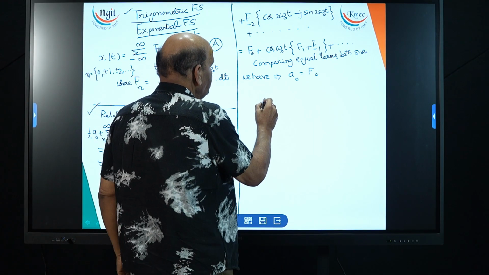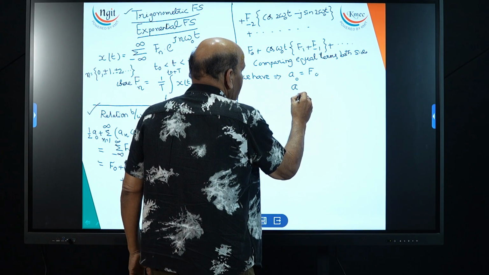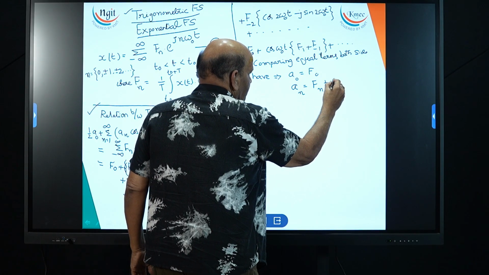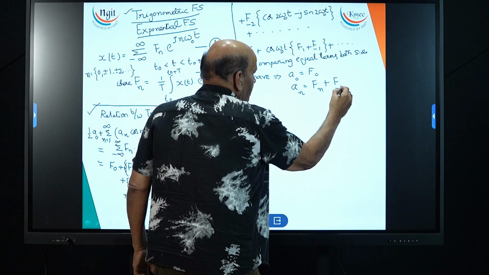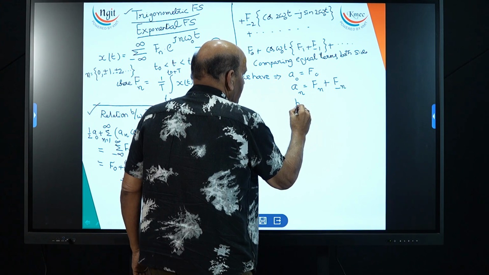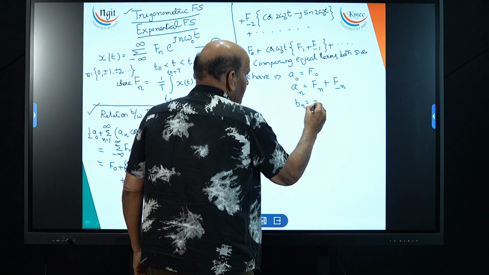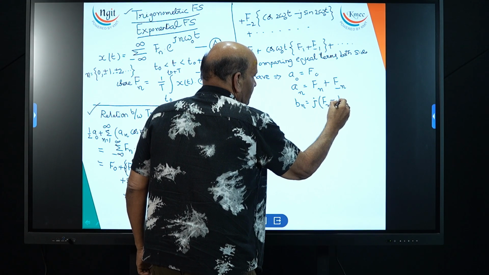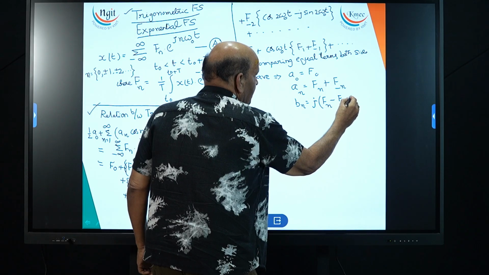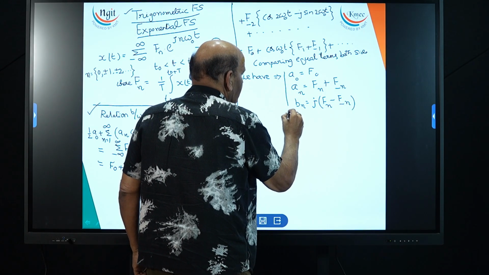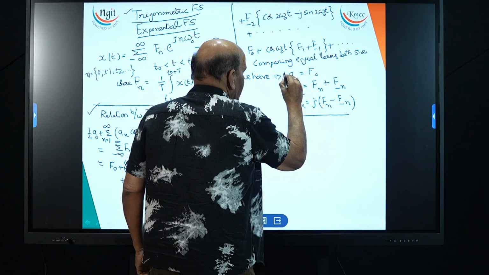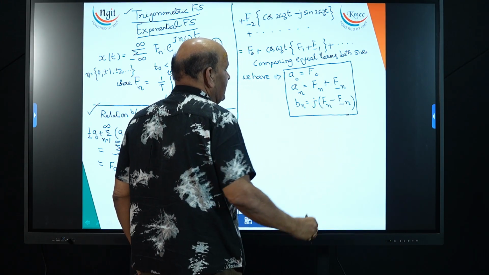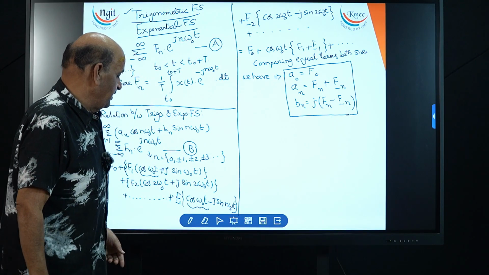Similarly, An is equal to Fn plus F minus n. Bn is equal to the complex number j times Fn minus F of minus n. These three represent the relation between the trigonometric Fourier series and the exponential Fourier series.